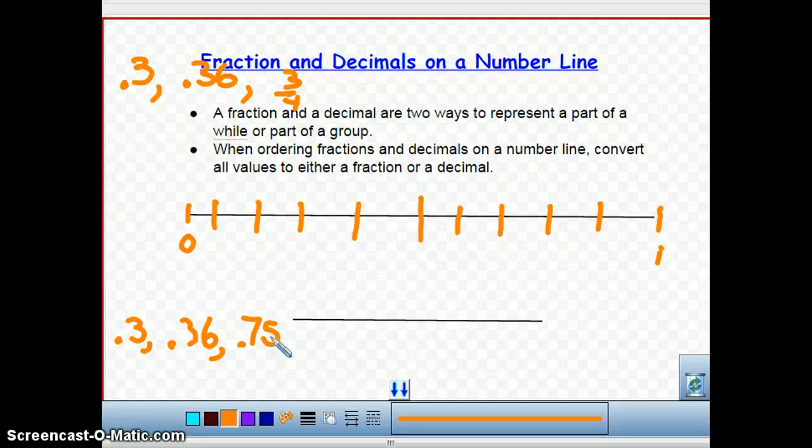Now we need to order these on our number line. So we have 0 and we have 1. Where do I put 3/10? Where do I put 36 hundredths and 75 hundredths? I'm going to change colors. Paige, where would 3/10 go on my number line?